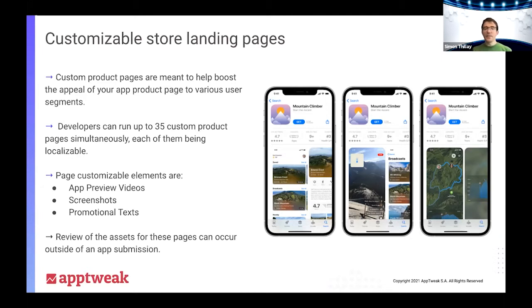If you're familiar with App Store optimization, you already know that whenever you want to change screenshots or videos on the store, you actually have to submit a new app version to do that. This is going to change with iOS 15, as you will still have to upload these assets for review by Apple before they can go live on the store, but now you won't have to upload a new app version just for that.